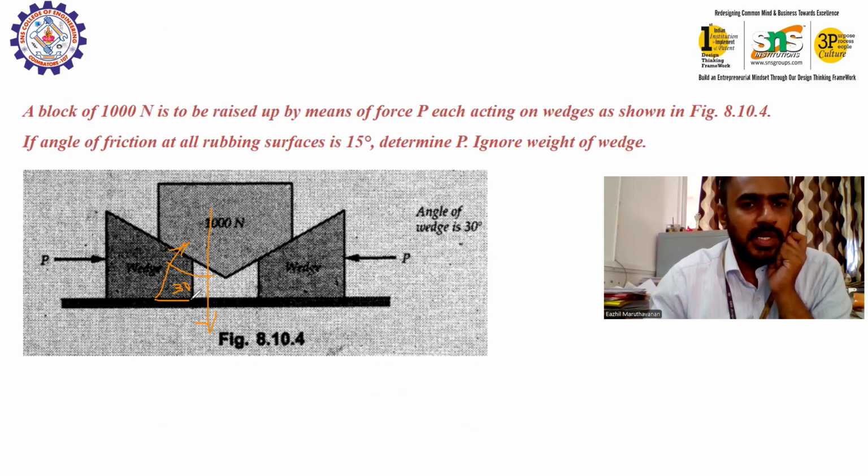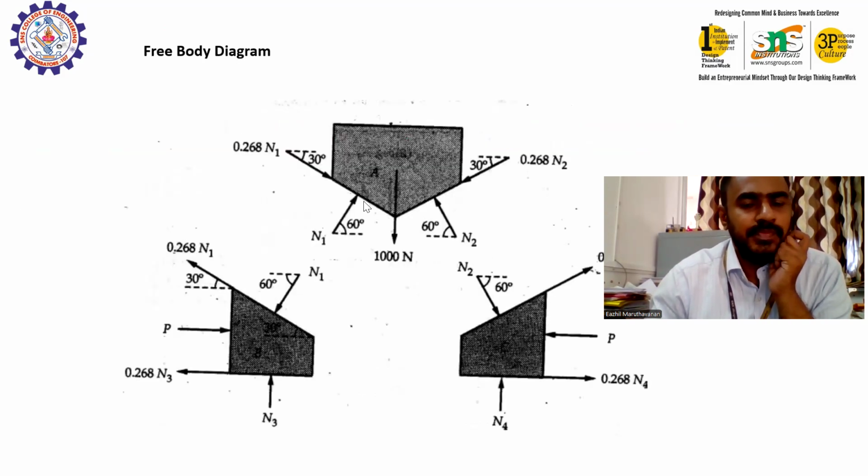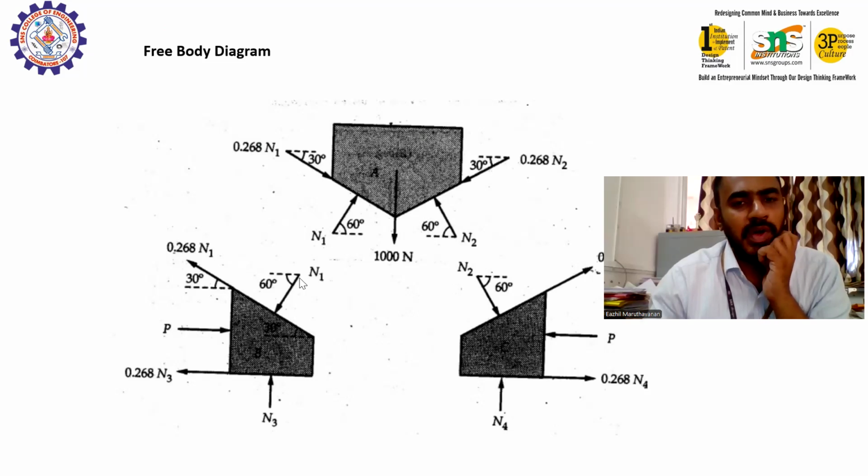So with respect to the horizontal, it is 60 degrees. Then we draw a horizontal line over here. It will also be 60 degrees. That is what is given in the diagram.